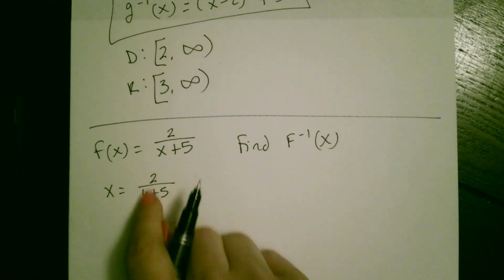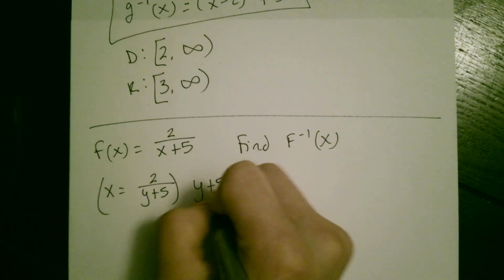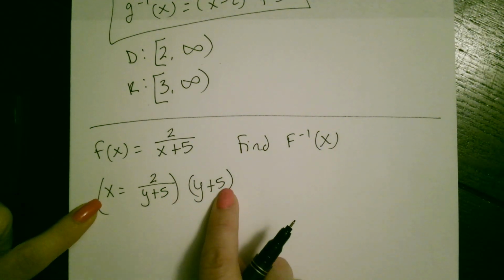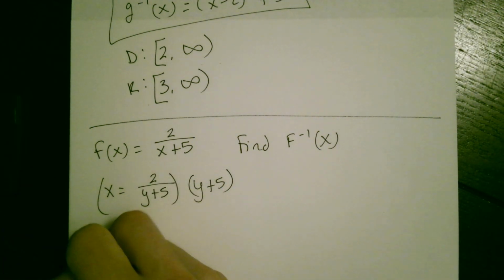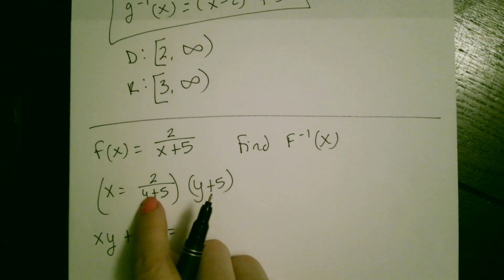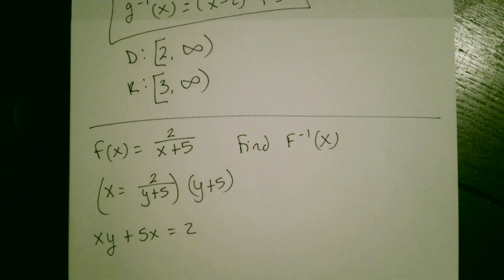This equation has a fraction in it, so I'm going to multiply both sides by that common denominator. On the left, I have x times y plus 5, so I'll go ahead and distribute. I get x times y plus 5x equals, on the right, the y plus 5's cancel out, leaving me with 2.